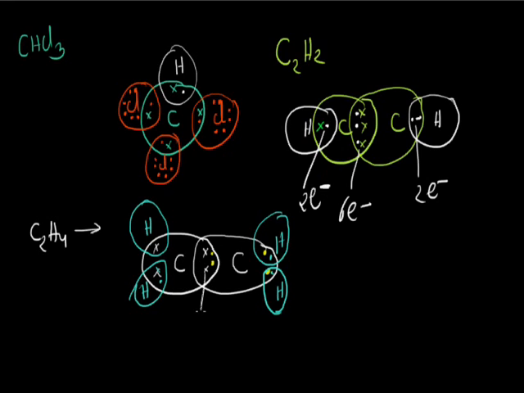In that case, 4 electrons are shared between the 2 carbons, and these 2 electrons are shared between C and H, and again 2 electrons shared here. So this area represents the shared electrons.